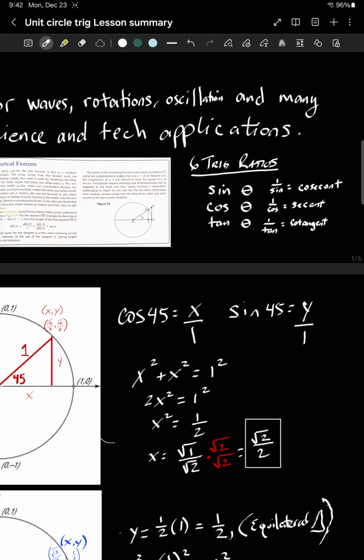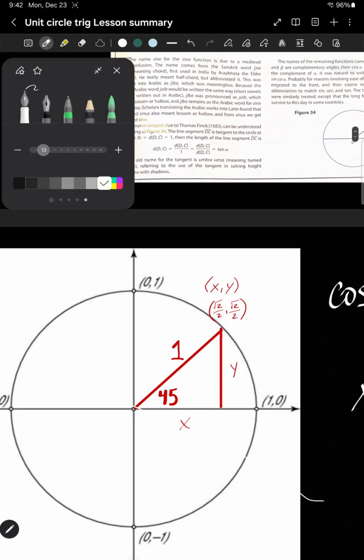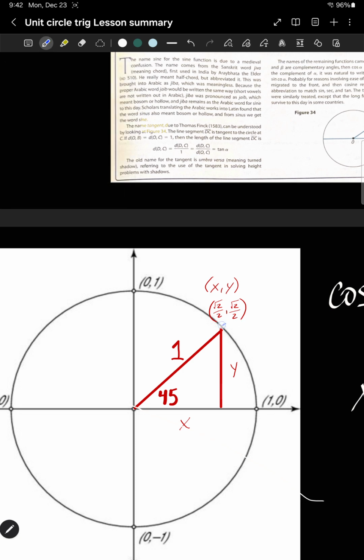So what we can do then, if we look at the value at which the coordinate, sorry, let me get my correct pen. Okay, this value here has coordinates of the square root of 2 over 2, comma, square root of 2 over 2. So the circle has all these different values, and the largest x value could be 1.